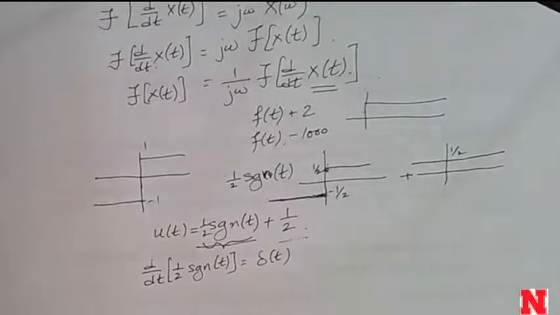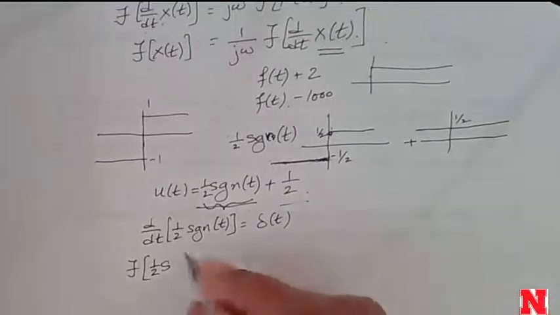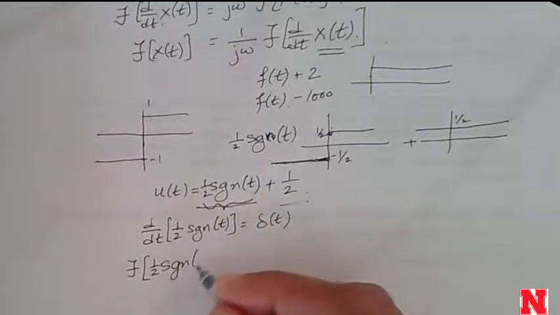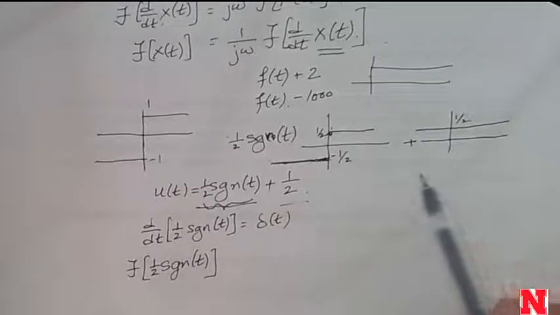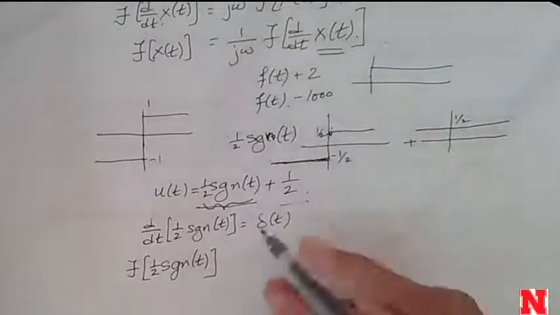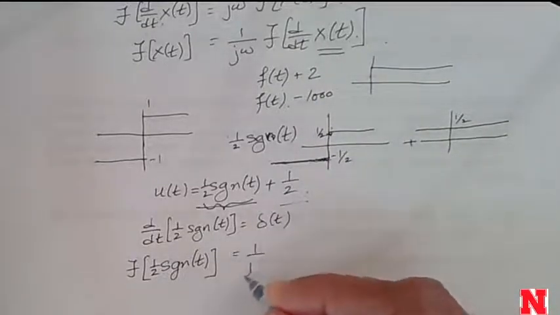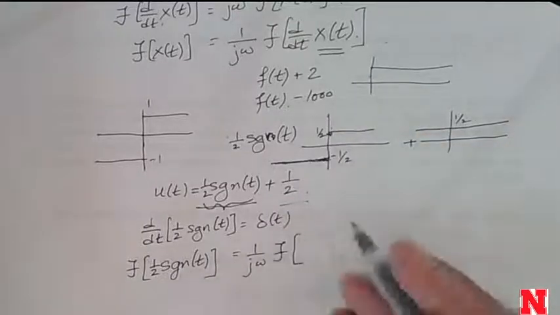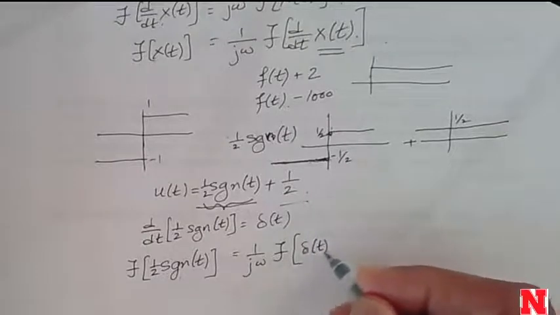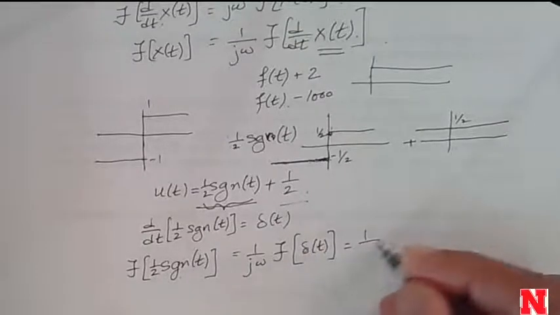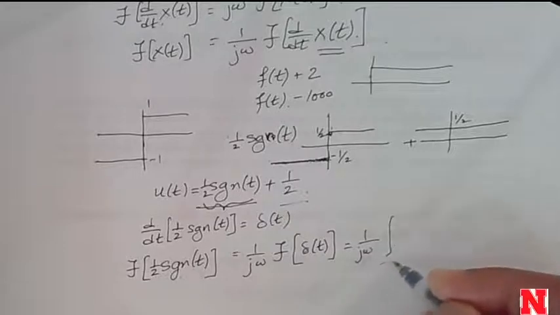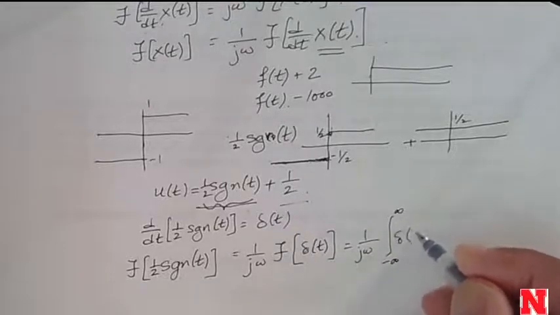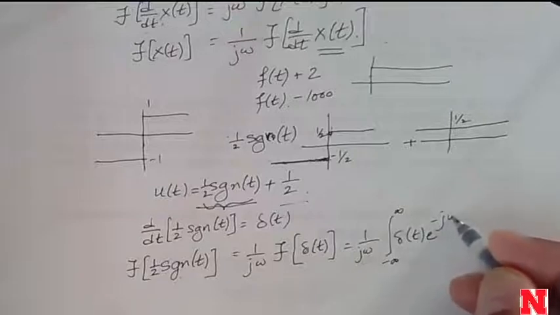Okay, so now the Fourier transform of a half signum of t, using my thing here, is going to be 1 over j omega times the Fourier transform of the derivative, which is just delta of t. And the Fourier transform of the derivative is really easy, because it's just the integral from minus infinity to infinity of delta of t, e to the minus j omega t dt.